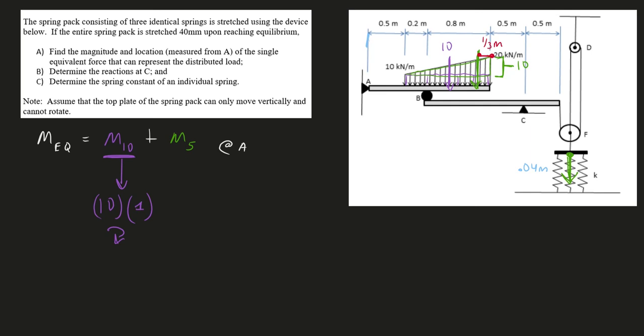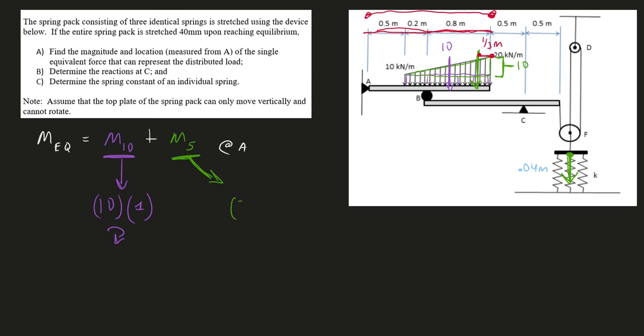Now for the moment of the 5 kilonewton force from that triangular load, the best way to do that is we have this entire distance right here, and subtract off of that 1/3. So it'll be 1.5 meters, which is this whole thing, minus 1/3.